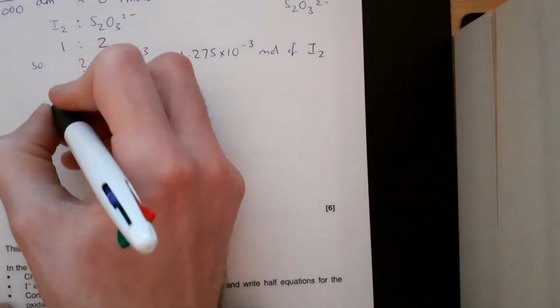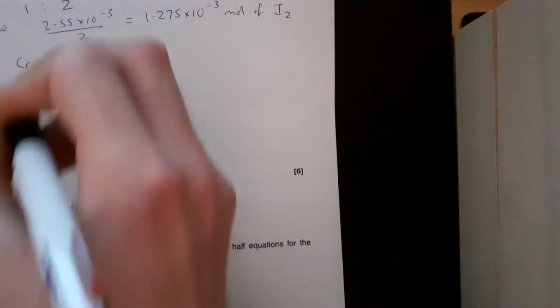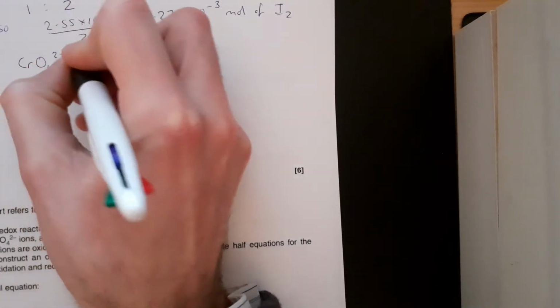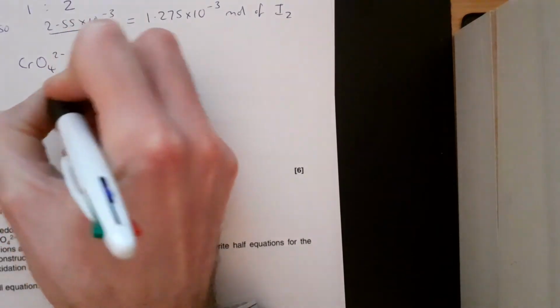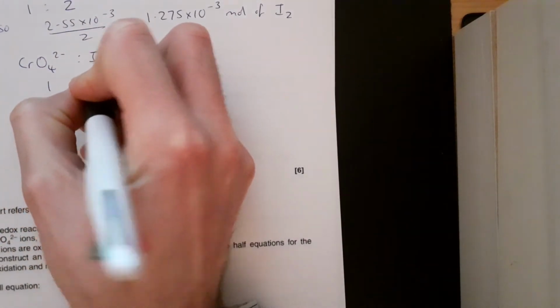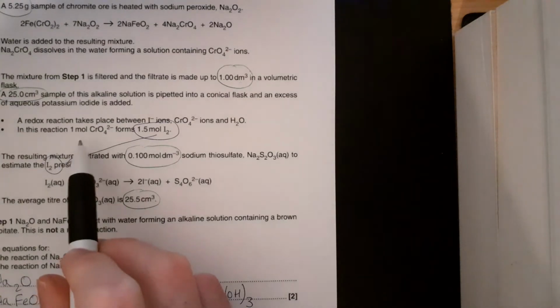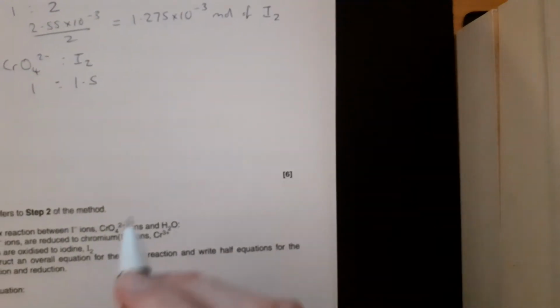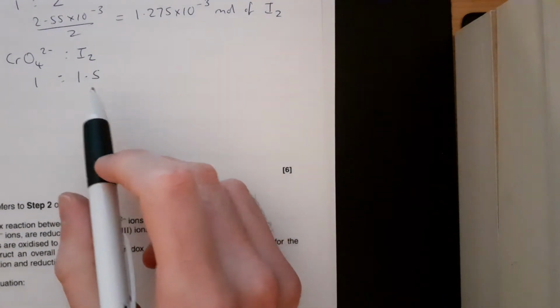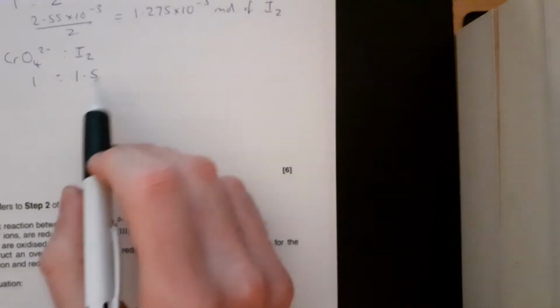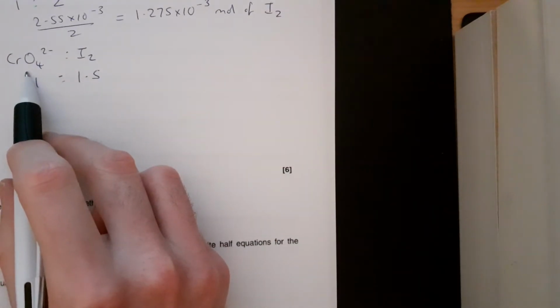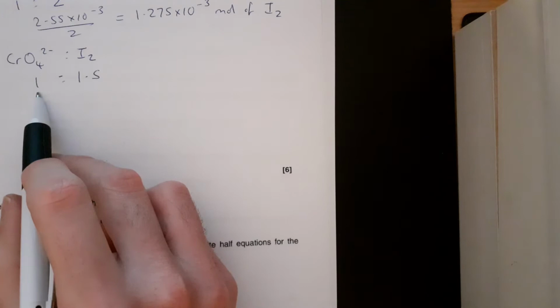So the ratio of CrO4 2 minus to iodine was 1 to 1.5. Have I got that the right way around? Yes. So if that's the number of moles of iodine that we've got here, to get the moles of the chromium, we're going to need to divide by 1.5.